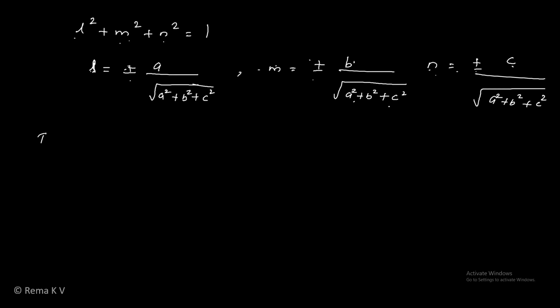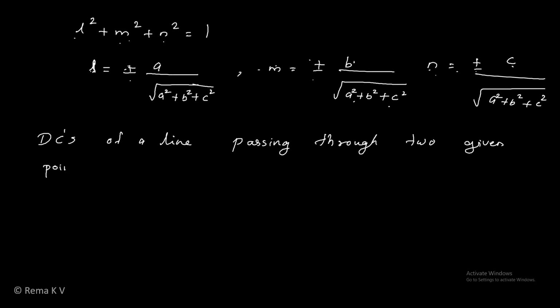Now the next heading is direction cosines of a line passing through two given points P(x1, y1, z1) and Q(x2, y2, z2).